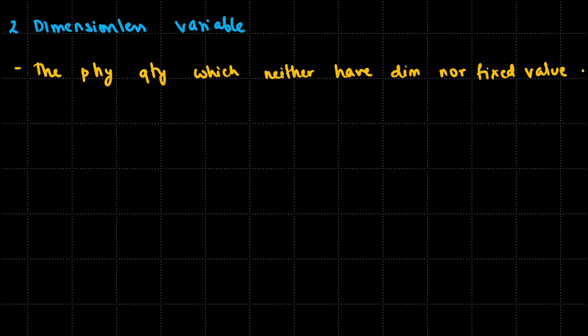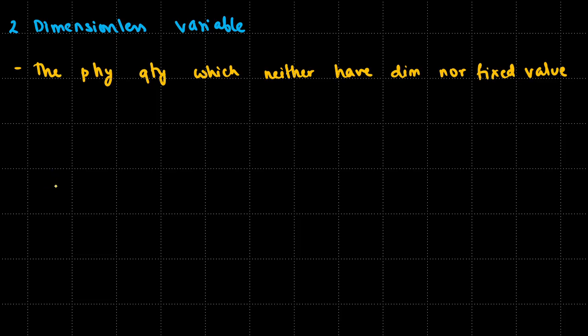Let's think about something else. Specific gravity, relative density, strain, refractive index. Do they have dimension? No. Do they have a fixed value? No. If you think any of them have a fixed value, just look them up. See how many values you can find.